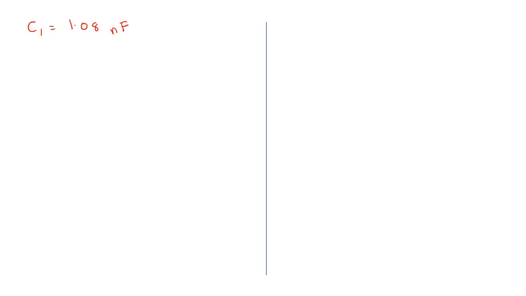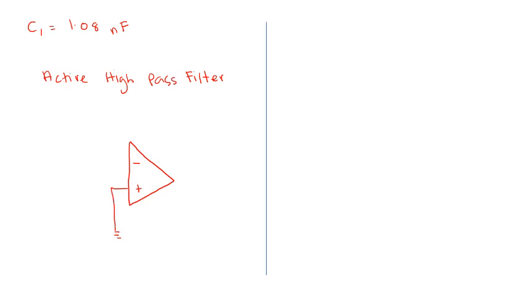The last question asks you to draw the active high pass filter. We do know that for the active high pass filter we employ an operational amplifier. Then we have R1 and C1, and this is our V in, this is C1, equivalent to 1.08 nanofarad.